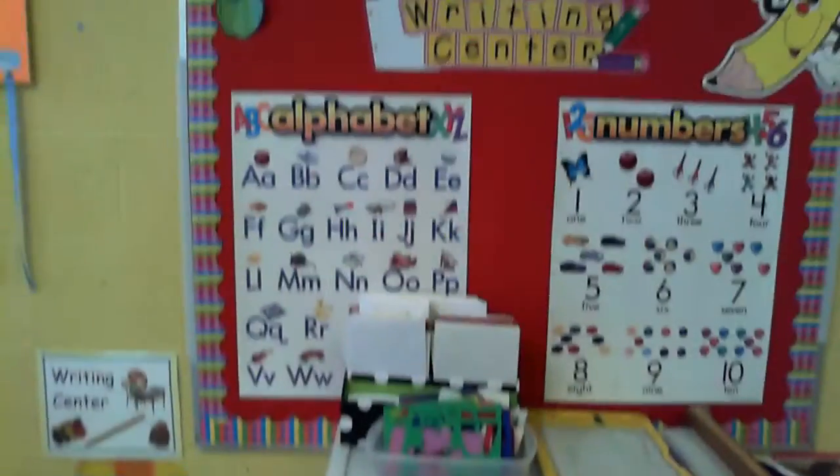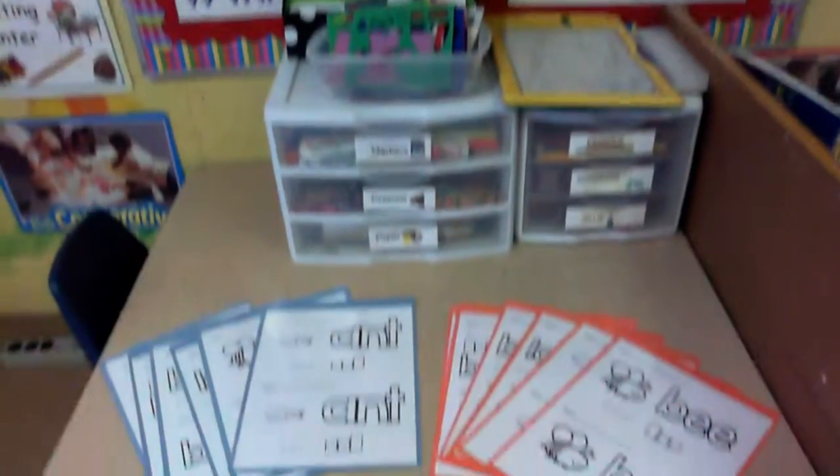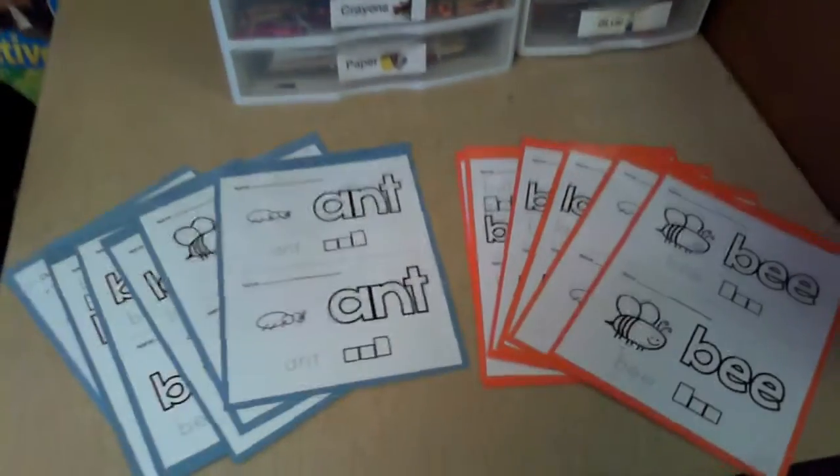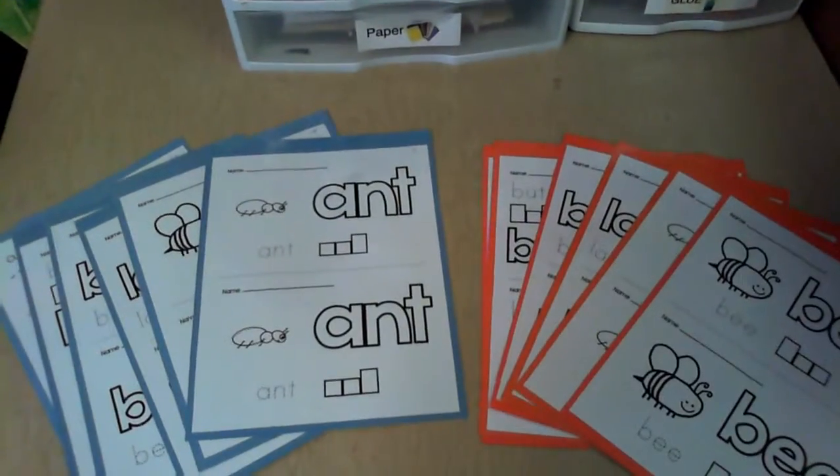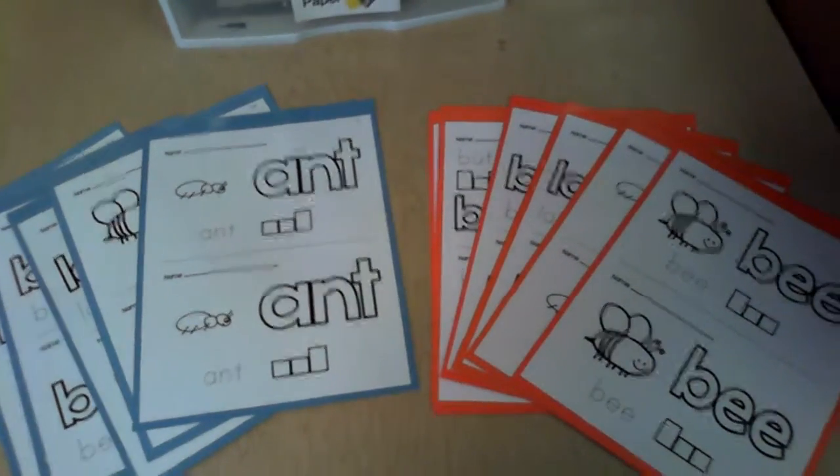Okay. And then next is my writing center. And in here I put in some laminated cards for students to use to practice writing their letters and spelling these words of the insects. We've got ant and bee, ladybug, beetle, and there's several of them.